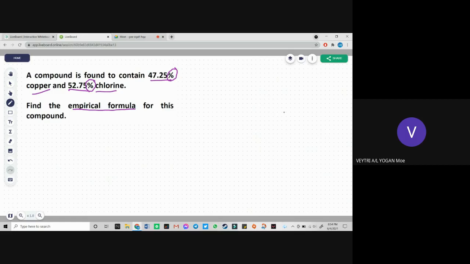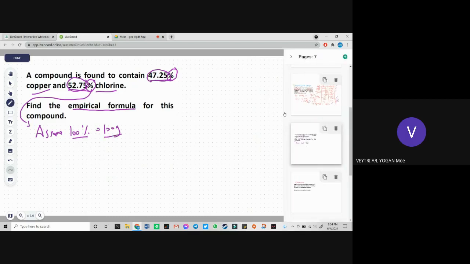Now, when you see percentage, you have to write: assume 100% equals to 100 gram. Why? If you don't write that, zero marks. I'm telling you right now guys, if you don't write that, zero marks. If you don't believe, they told here percentage, just take 47.25 plus 52.75. You will get 100%. That is why we assume 100% equals to 100 gram.